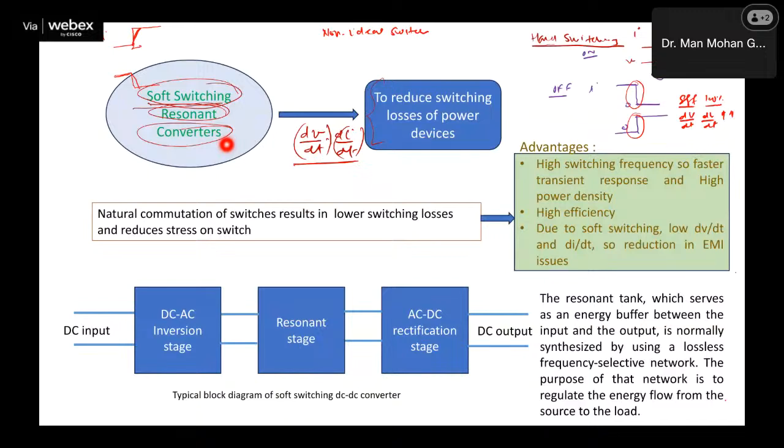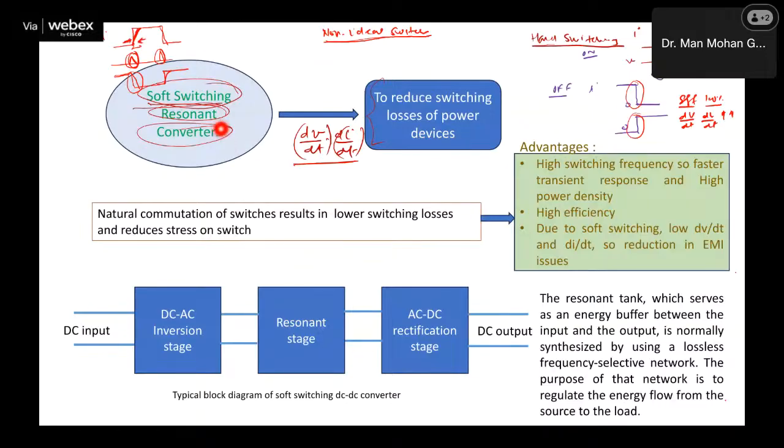During this period, we had certain losses. Similarly, when it is turning off, here also we had losses. We discussed it, right? These losses were called switching losses. So even in case of non-ideal switches, maybe this transition is a bit smooth, but it is not very smooth.